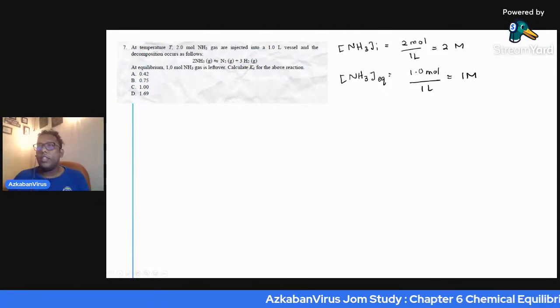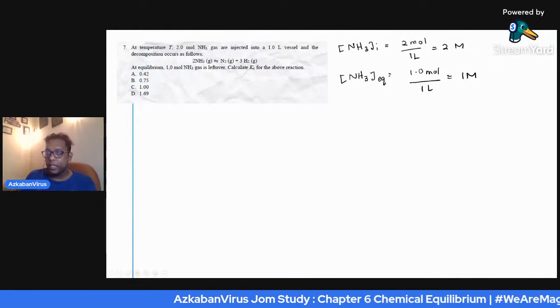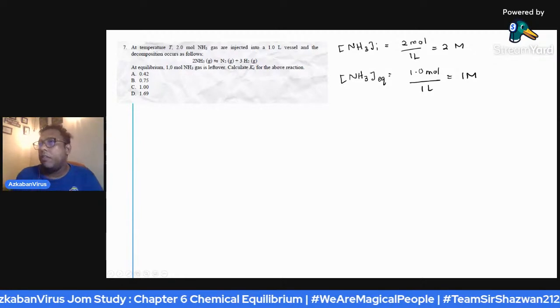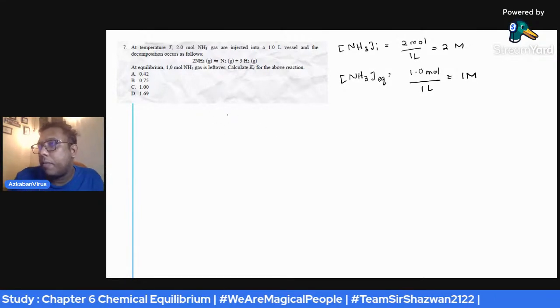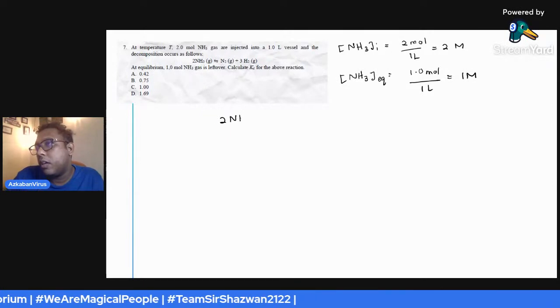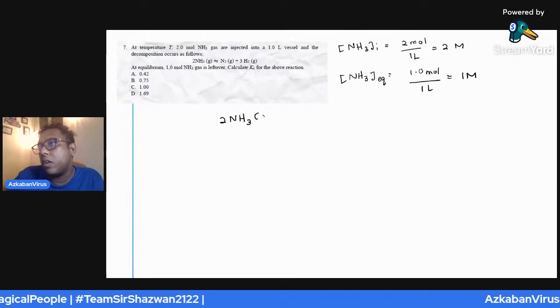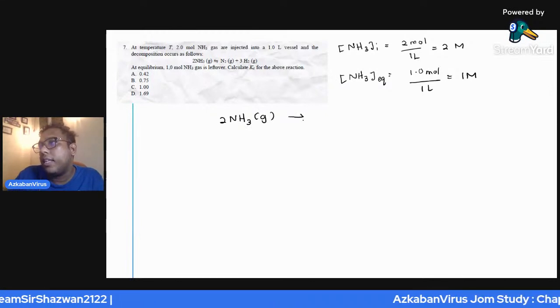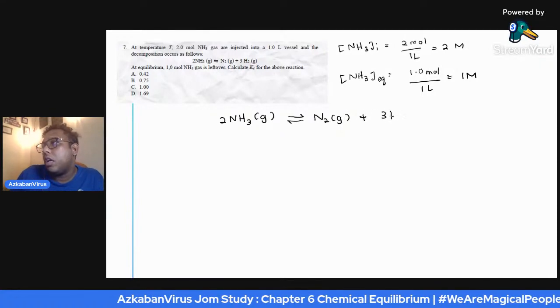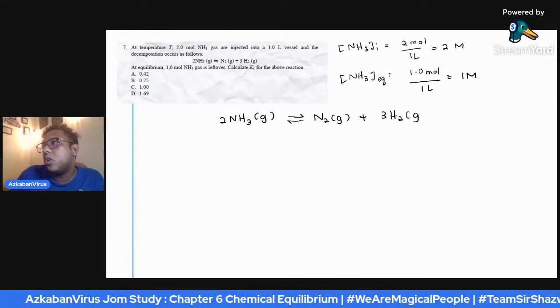Alright. So di sini dia minta kita calculate Kc. So nak buat Kc senang saja. Okay. First thing first, construct ICE table. Okay. So 2 NH3 gas, dia akan jadi N2 gas tambah 3 H2 gas.